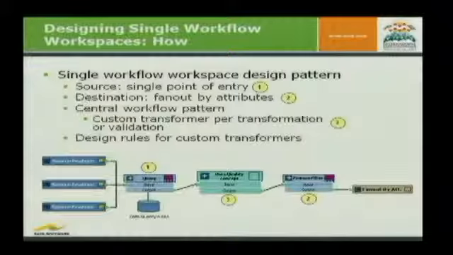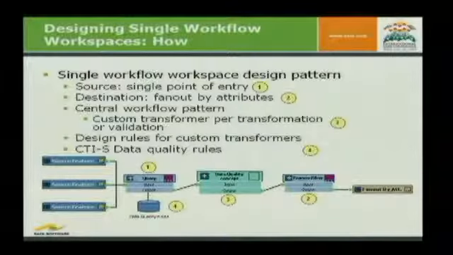And also we decided to design rules for a custom transformer. What I mean by design rules is more programming or best practices of how to build a custom transformer. And the last point was how can we get the source independent of our quality rules.